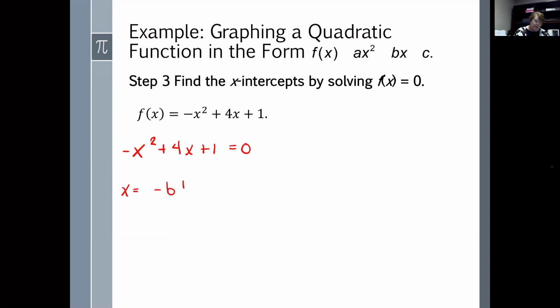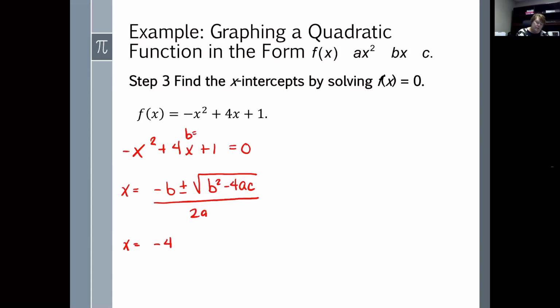Minus b plus or minus the square root of b squared minus 4 times a times c, the whole thing over 2a. All right, so I have x equals minus 4, b is 4, c is 1, a is -1, plus or minus the square root of 4 squared minus 4 times a is -1, c is +1, all over 2 times -1.